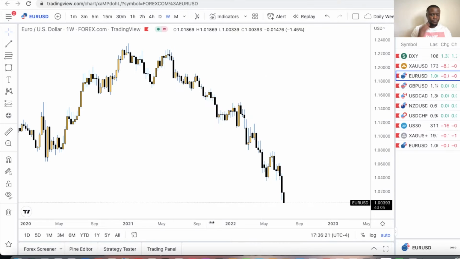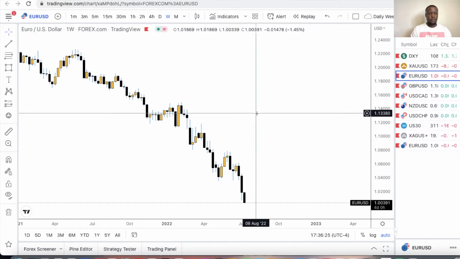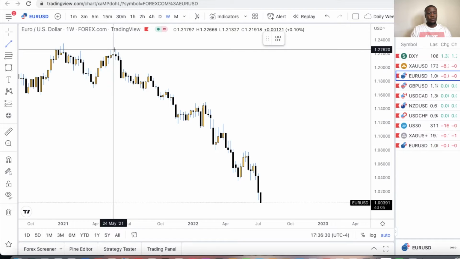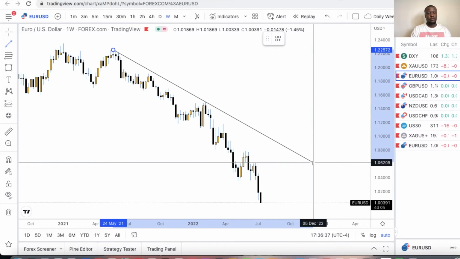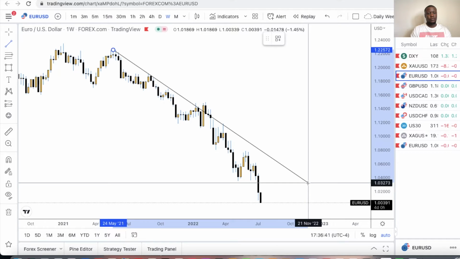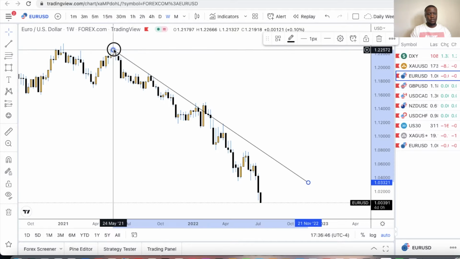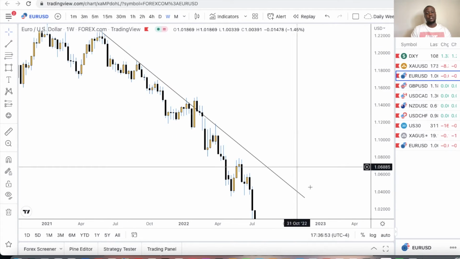All right, so this would be a perfect example of swing trading. You start with a declining trend line. Obviously price is moving down.